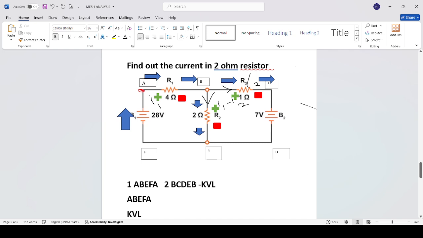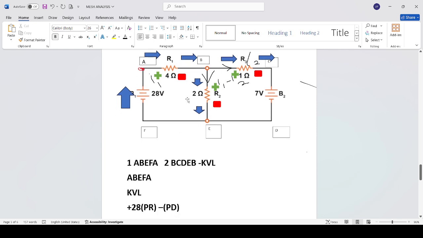So what Kirchhoff's voltage law states is that the algebraic sum of all the voltages is zero. So you should mention the voltage across this R1, or across this 4 ohm. We know Ohm's law, that is V is equal to IR. So we are going to apply Ohm's law to this 4 ohm resistor.